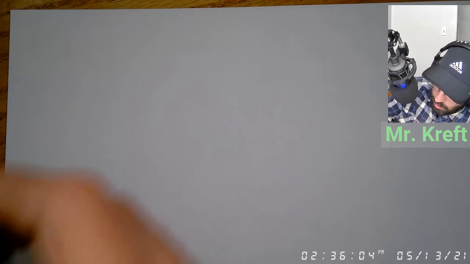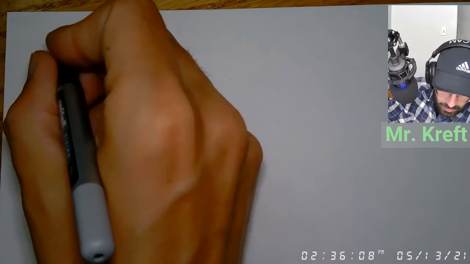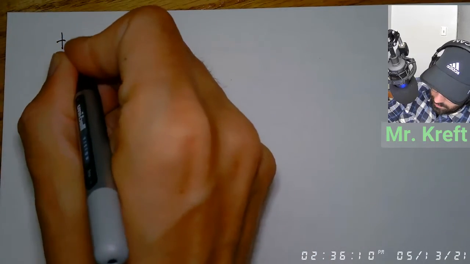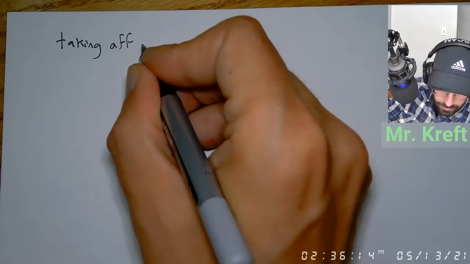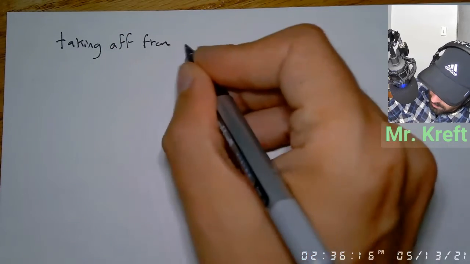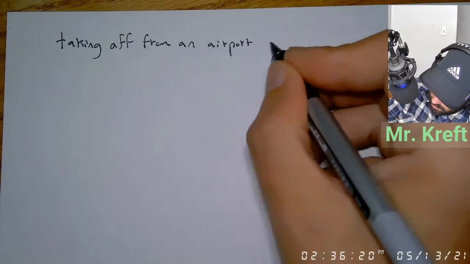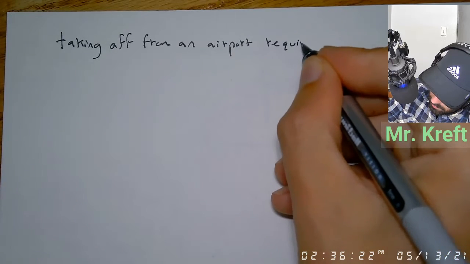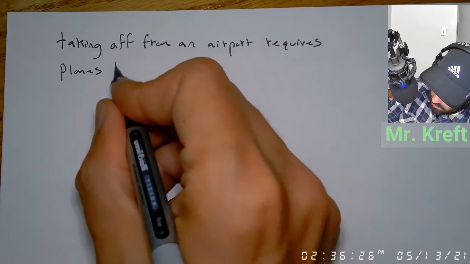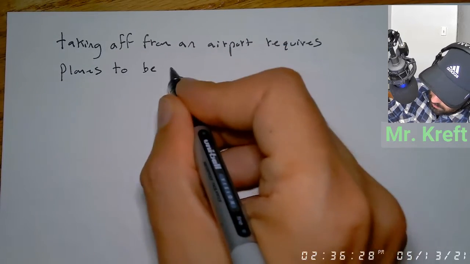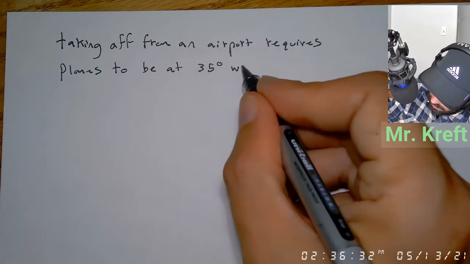But there's something that we have to make sure. Taking off from an airport requires planes to be at 35 degrees with the ground.